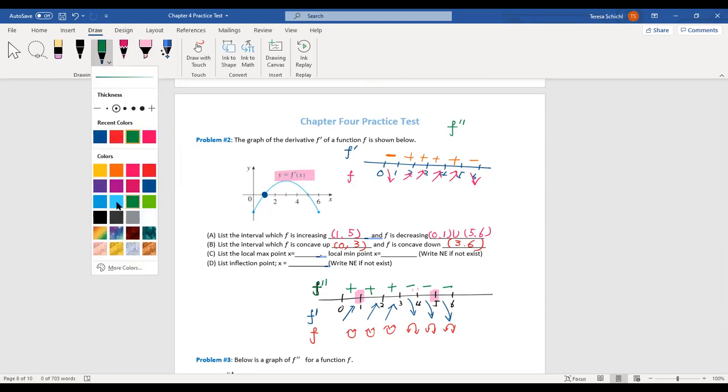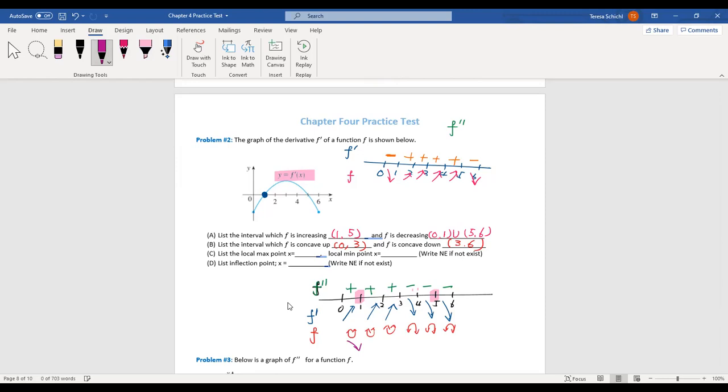Now let me get a different color, maybe purple. Here, f prime goes from negative to positive, so my function is decreasing, then positive, so it's increasing, increasing, and then decreasing.